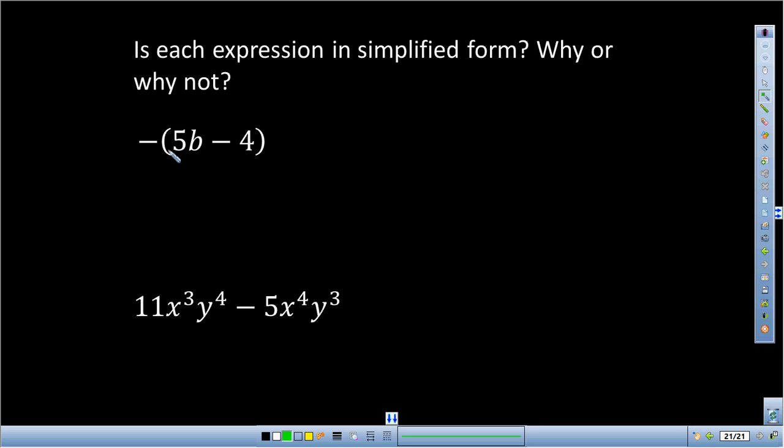The negative in front of the parentheses tells us that we're multiplying by negative 1. Multiplying by negative 1 switches each term in the group to its opposite. The opposite of 5b is negative 5b. And the opposite of a negative 4 is a positive 4. And there we have our simplified expression.